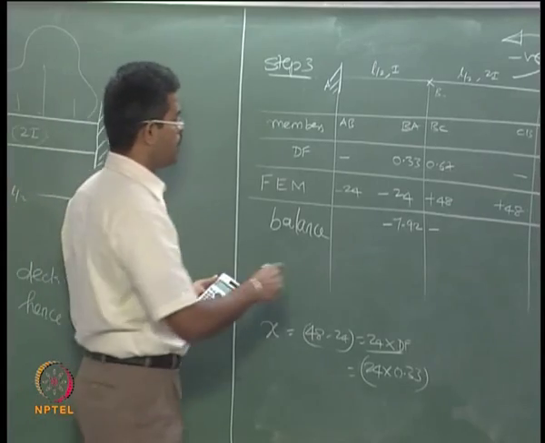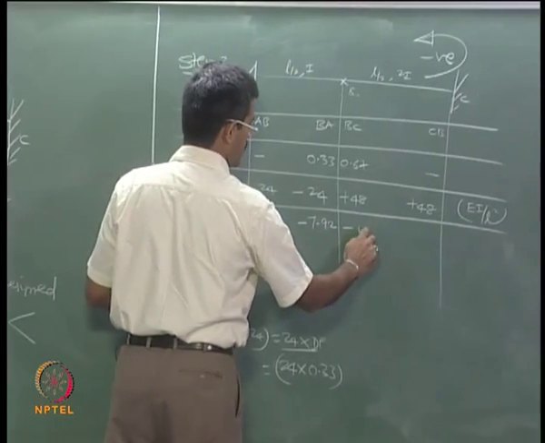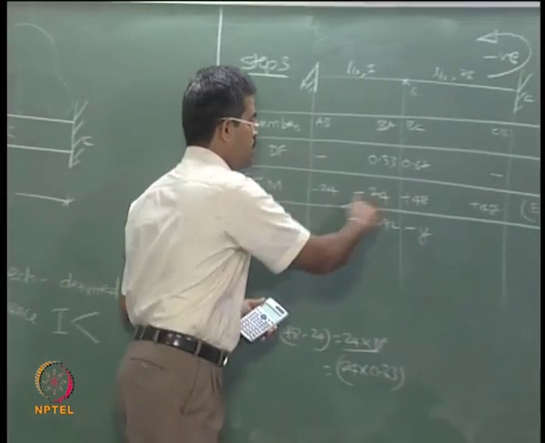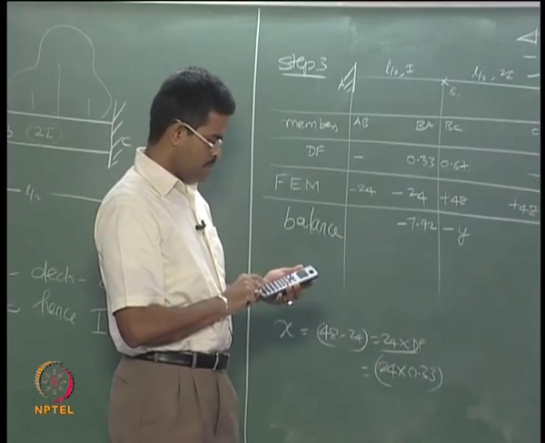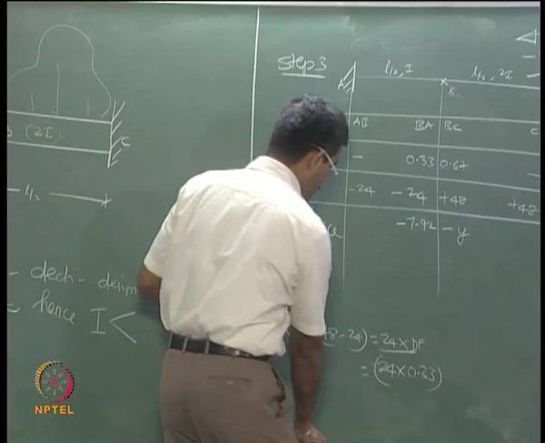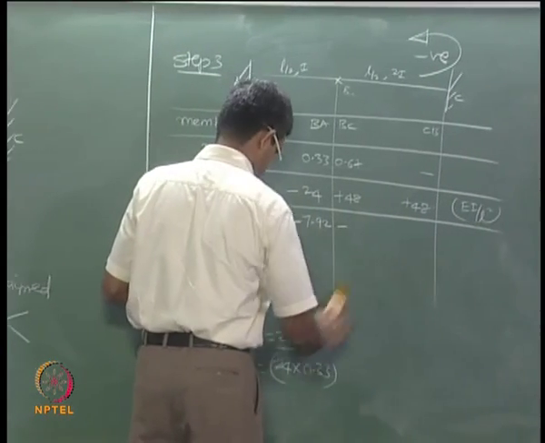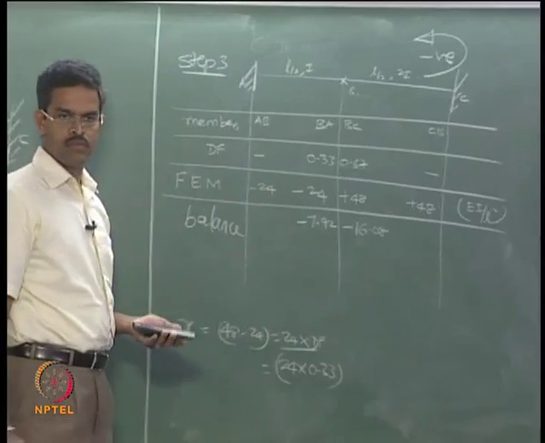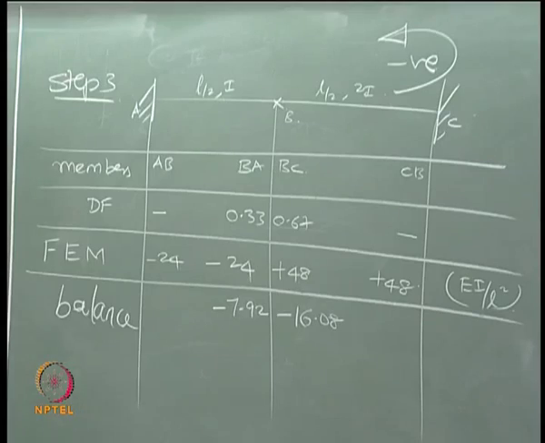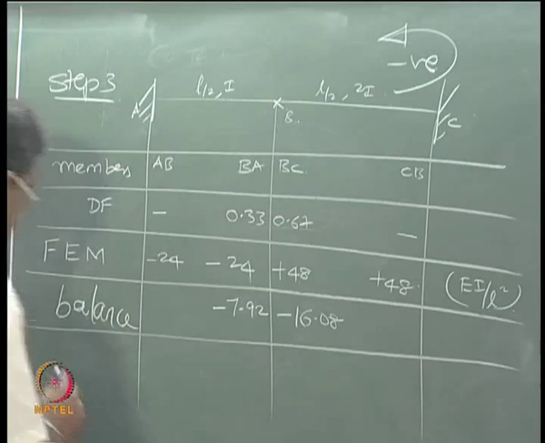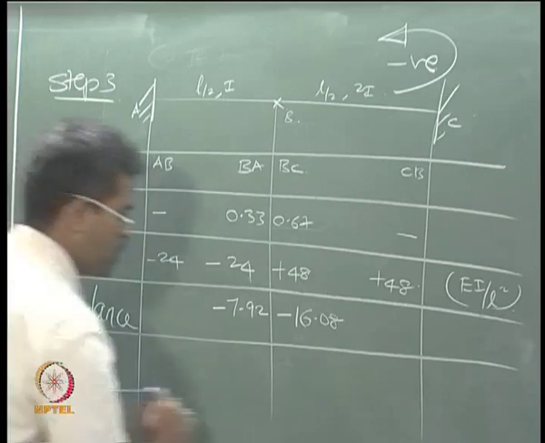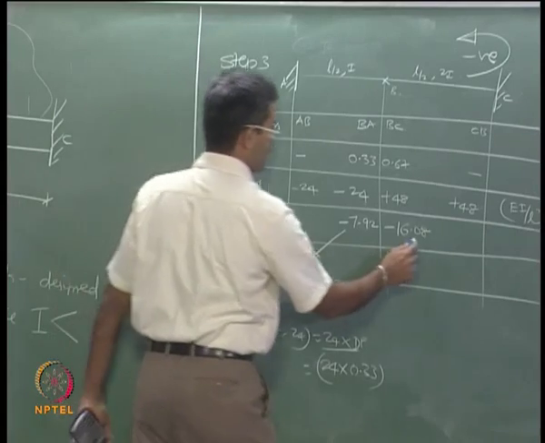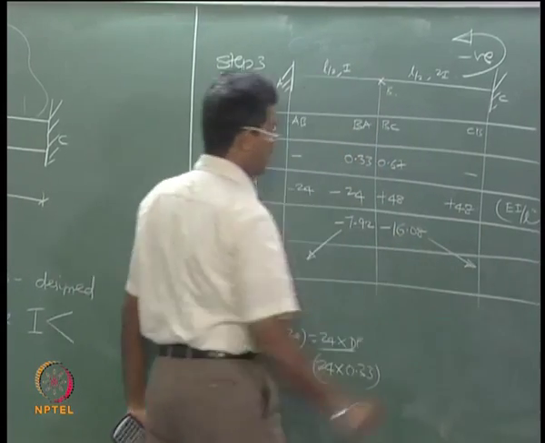And similarly, if you want to know this value, which I call as y, this value will be simply again the balance, which is 24 multiplied by 0.67, which is 16.08. After I do this balance, I do a carryover. So, simply carry over this to the next joint, carry over this to the next joint with the same sign.